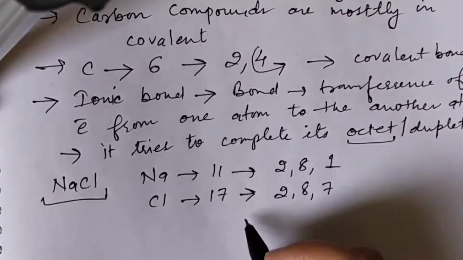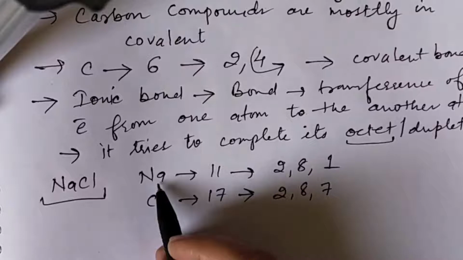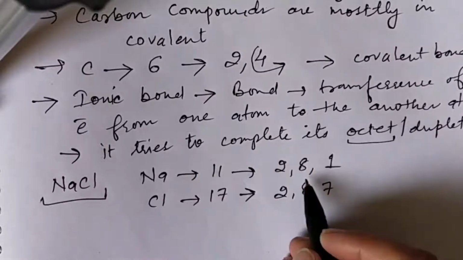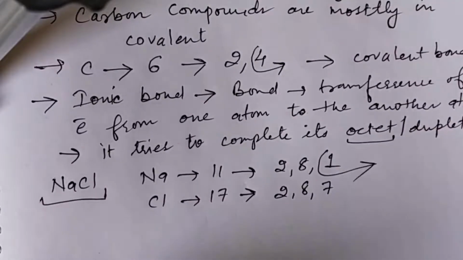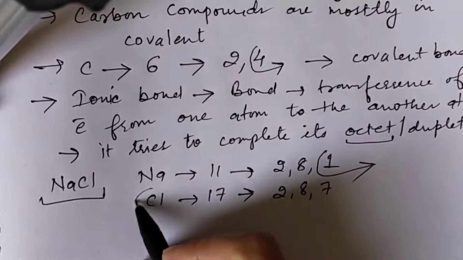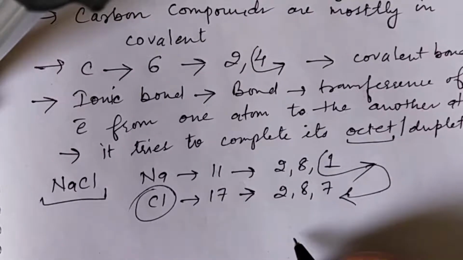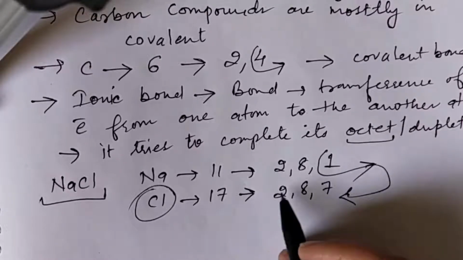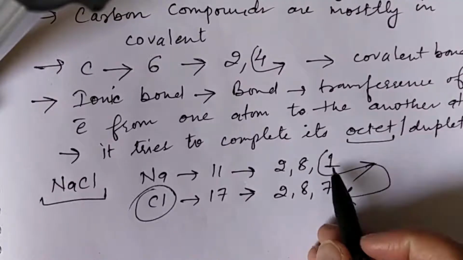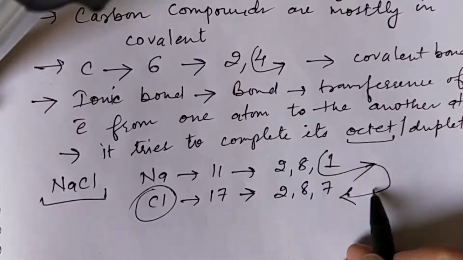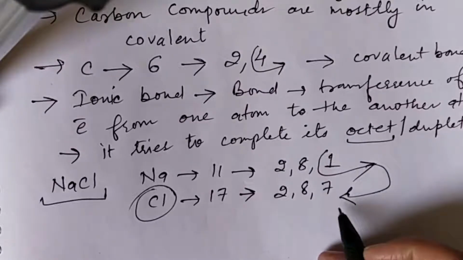So sodium will try to lose its outermost electron to complete its octet, and chlorine will try to gain this electron. They are transferring the electron from one atom to another.